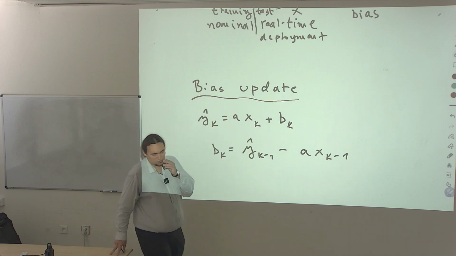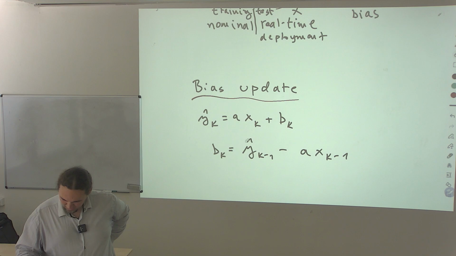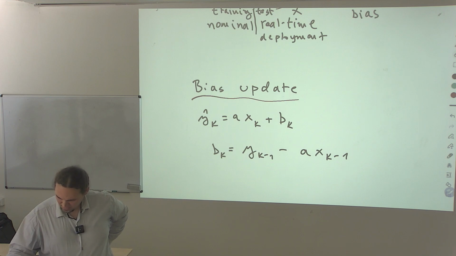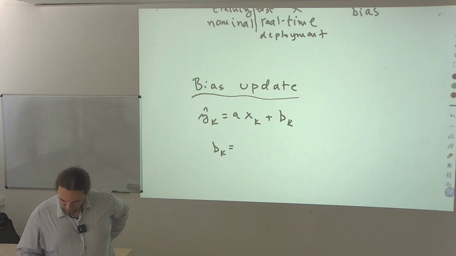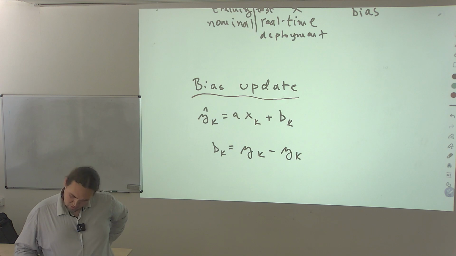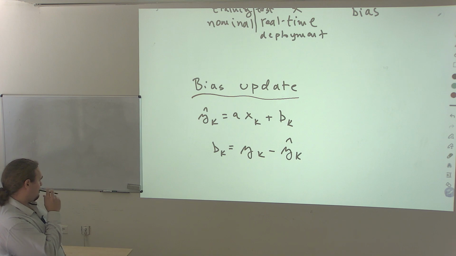Ah, no, sorry. We took a measurement. Let me rewrite it again. How's our error defined? y_k minus y_k hat. No, this wouldn't work, right?